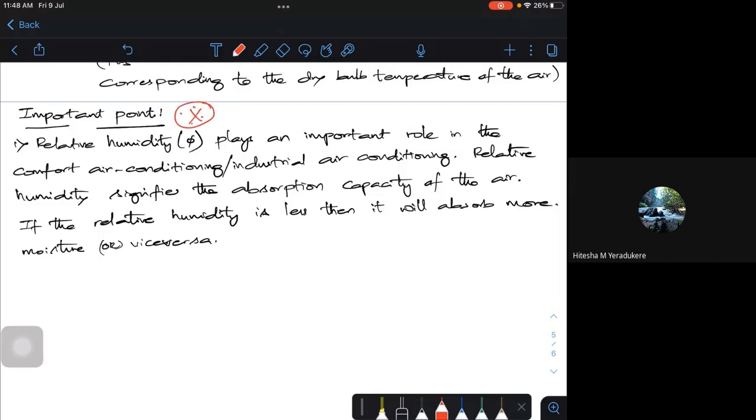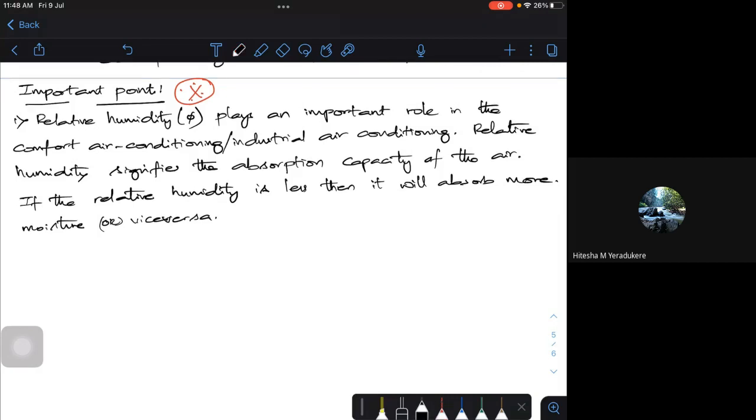That's the first point. The second one, see, all your omega, phi and mu are measured based on your partial pressure of vapor and partial pressure of vapor at saturation condition.